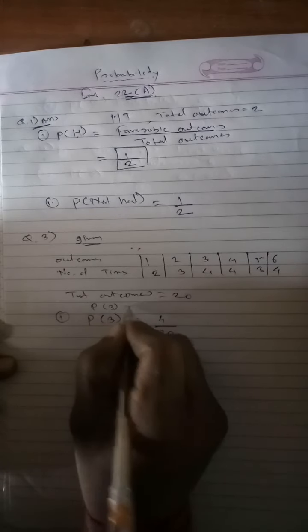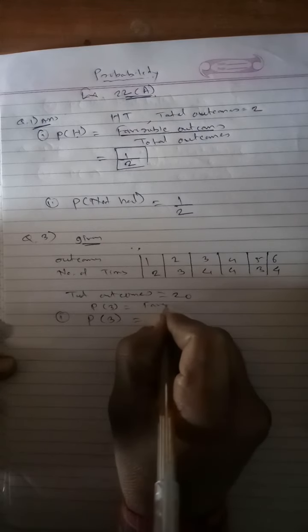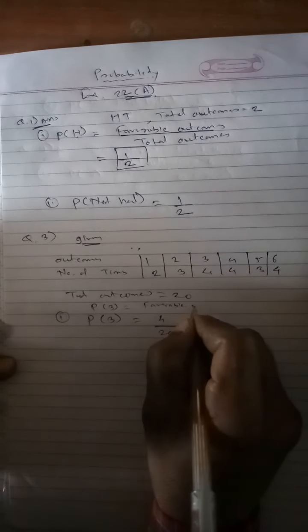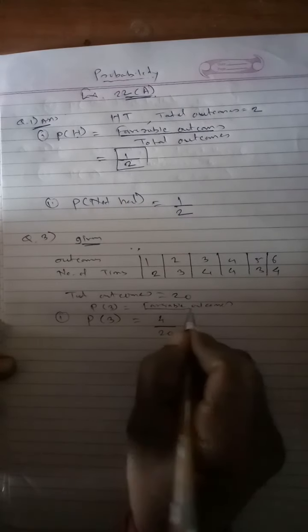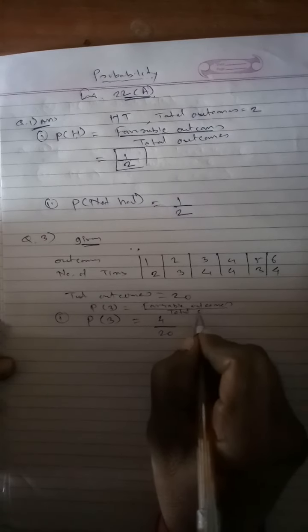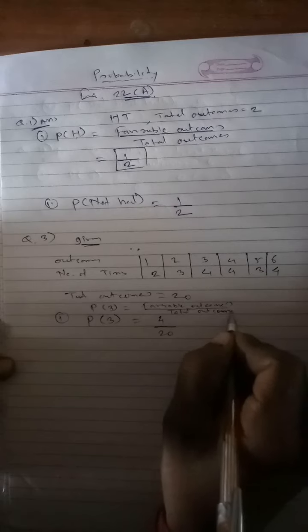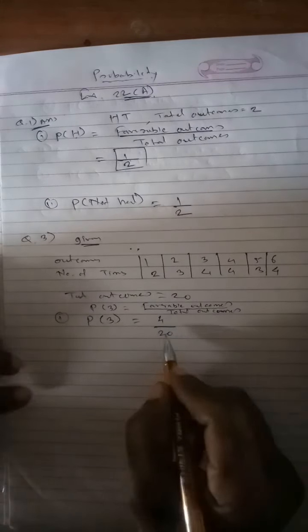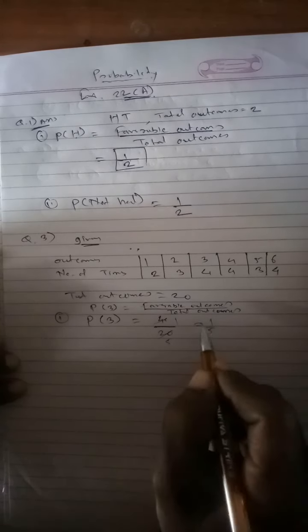Probability of 3 is equal to favorable outcomes upon total outcomes. Whenever you are solving problems, you must write the formula. So 4 upon 20, divide by 4, which will be 1 upon 5.